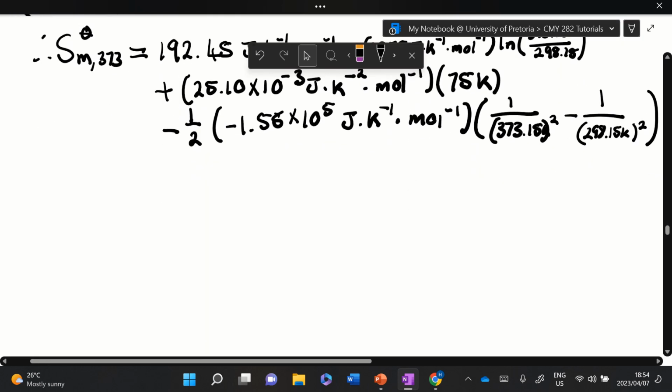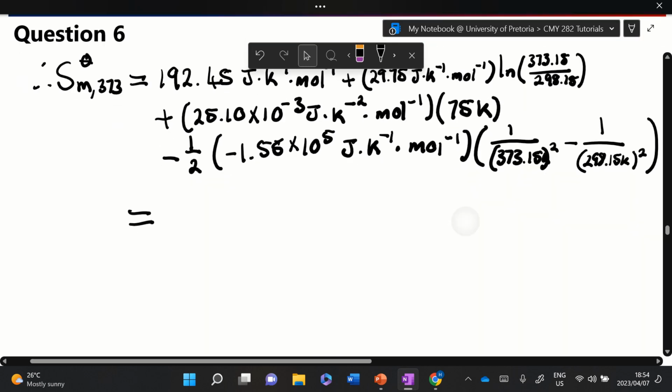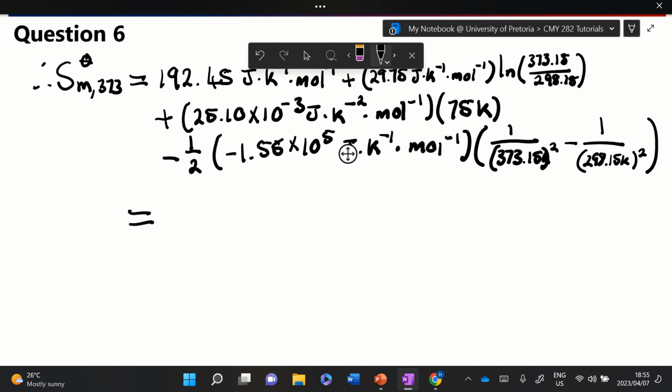Okay. Then in the end, you see the first one is in joule per Kelvin per mole, so there's nothing that cancels out. The only thing that cancels, there's a Kelvin that cancels with that. This is all in joule per Kelvin per mole. So it's actually not per Kelvin.